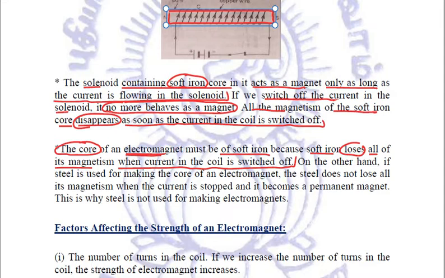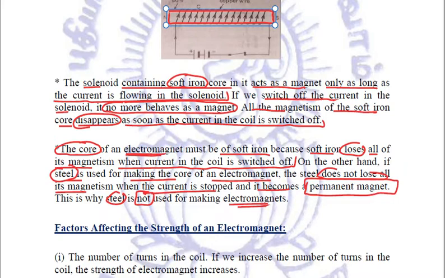But if we replace this soft iron with steel, if we use steel for making the core of the electromagnet, now what will happen is the steel does not lose all its magnetism when the current is stopped, and therefore now it becomes a permanent magnet. So this is the reason why steel is not used for making electromagnets.